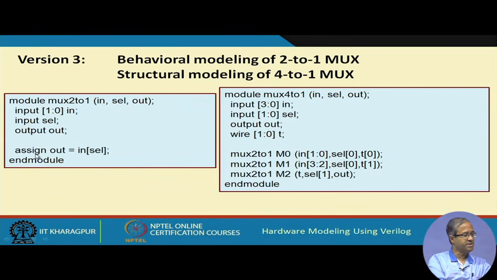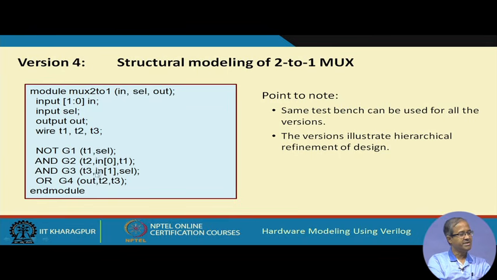I have just defined the 2 to 1 mux like this, where select is 1 bit and input is 2 bits. So, I proceed like this. At the last step I have the smallest multiplexer left with me, 2 to 1, and this I can straight away implement using a structural fashion.